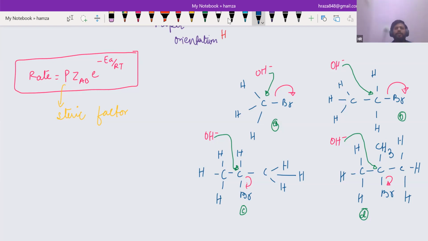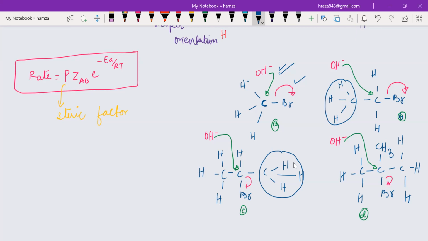Okay. So see, Sneha, you can see that there is very little crowd around this carbocation. In case of B, there is more crowd than in A. In case of C, there is more crowd than B. And in case of D, there is much more crowd than A, B, or C. Are you getting my point about this crowdedness, the steric factor, the steric hindrance?